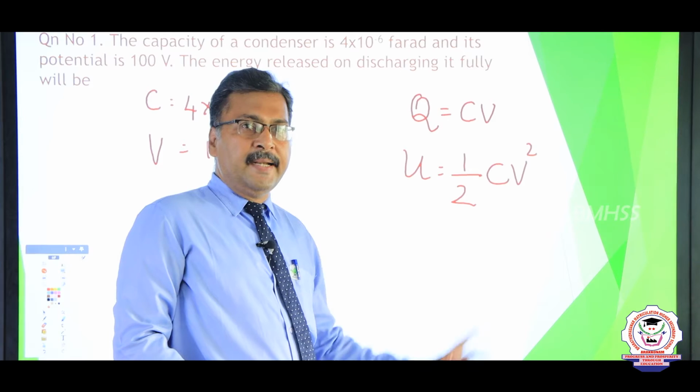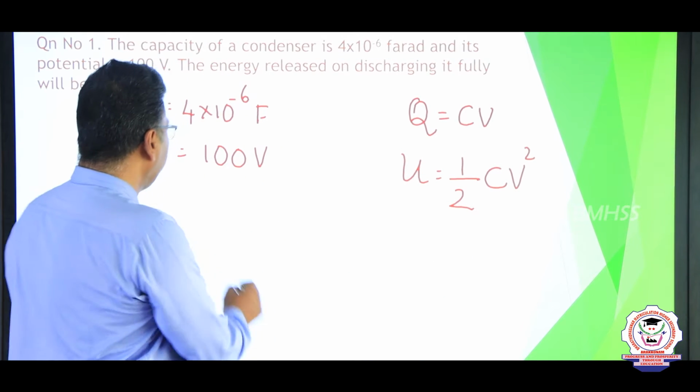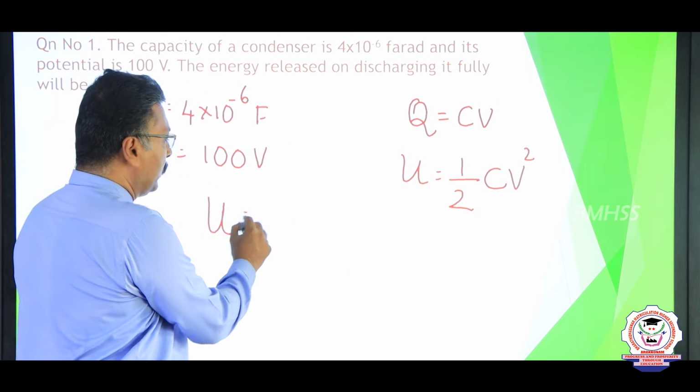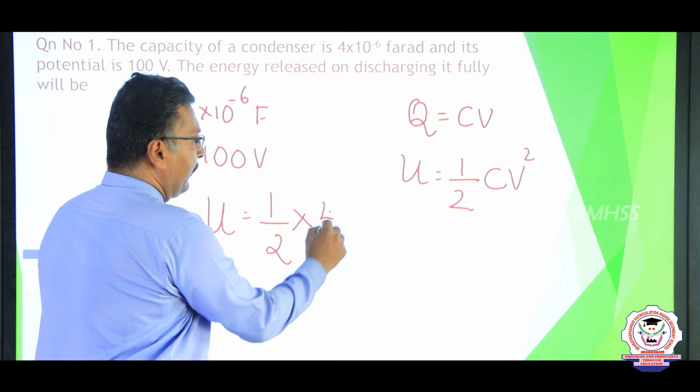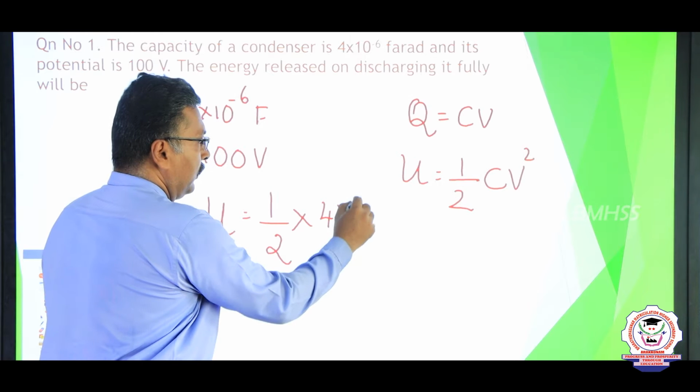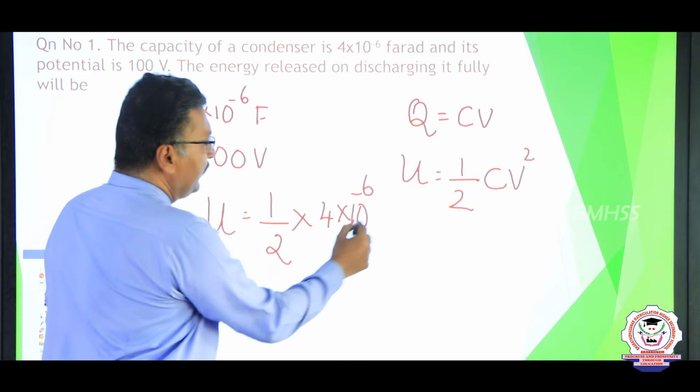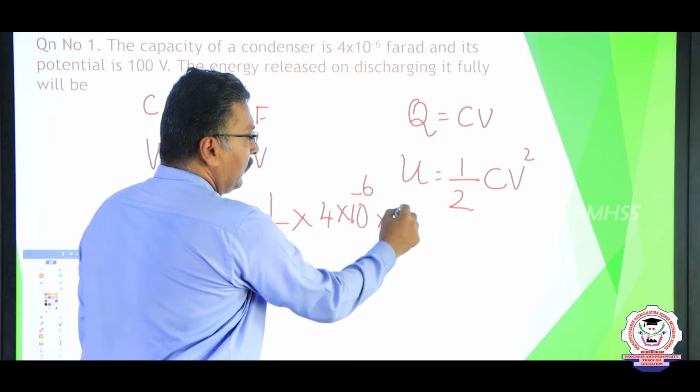Compare with the formula for energy U. You can substitute U is equal to half into C, which is 4 into 10 power minus 6, and don't forget to square V, so that is 100 whole squared.